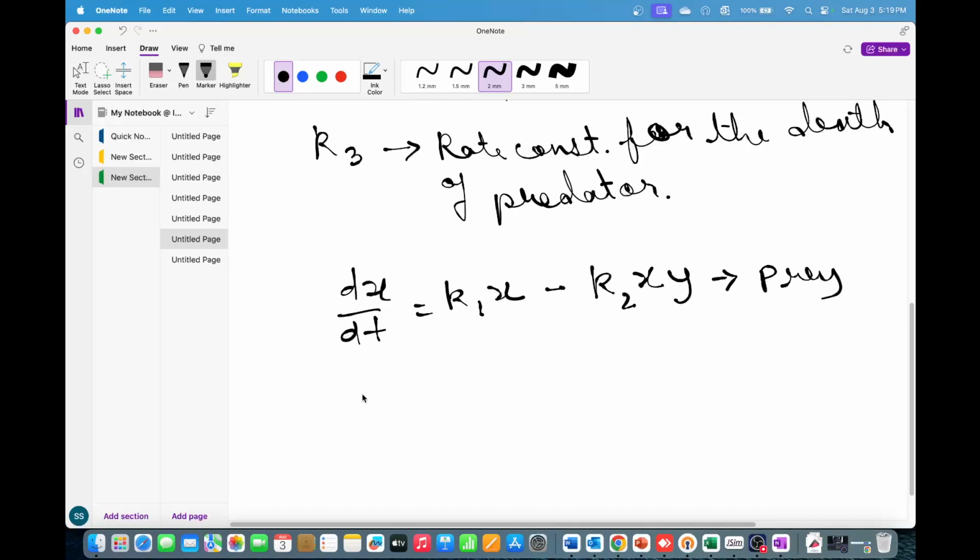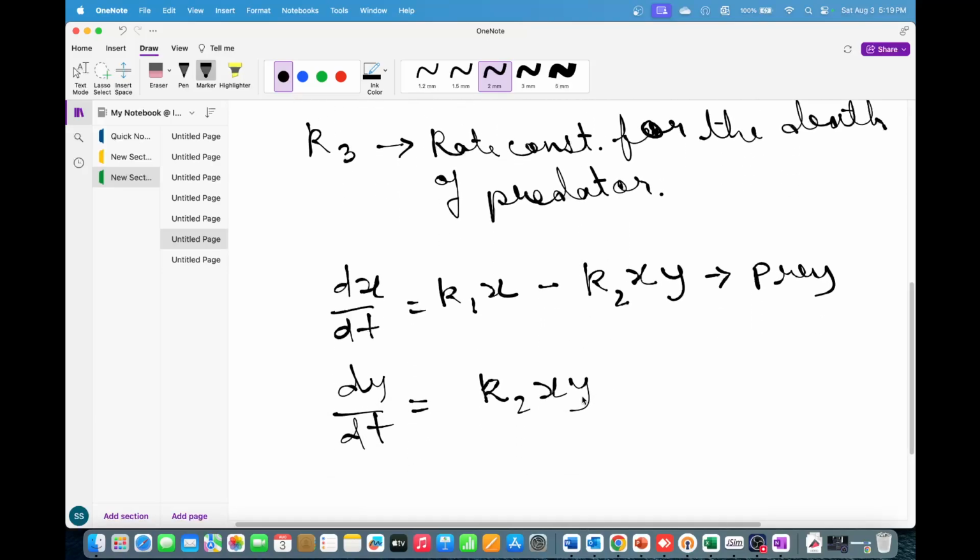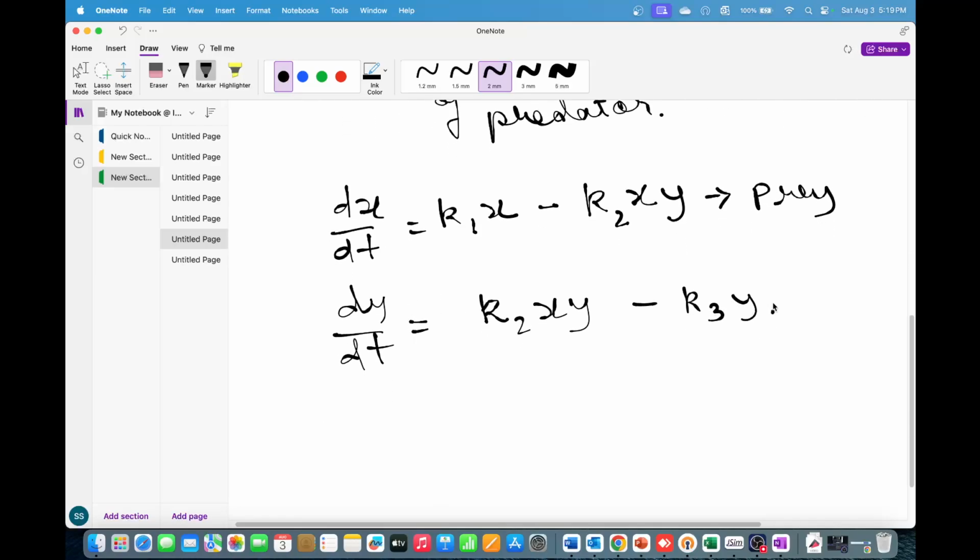Now for the predator, dy/dt equals, it's the same concept, it is increasing with the rate of k2 into xy, because it's the rate at which the prey is getting eaten by the predator, and it also has its own death rate. So this will be minus k3 into y. So this is for the predator.